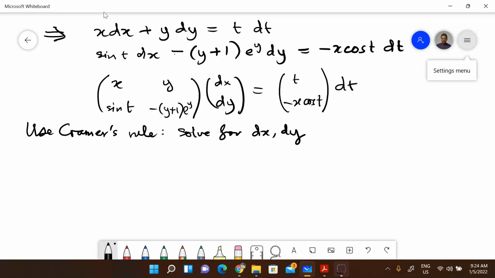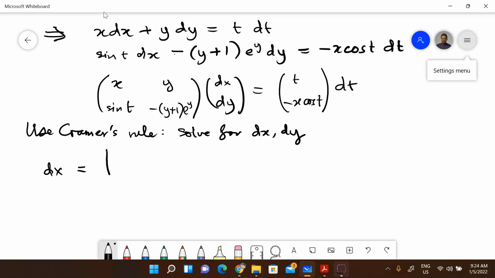So what do you do? For example, dx will be given by a determinant. In order to have a solution for dx, you replace this column. Let me just write it down because you cannot see the cursor over here.